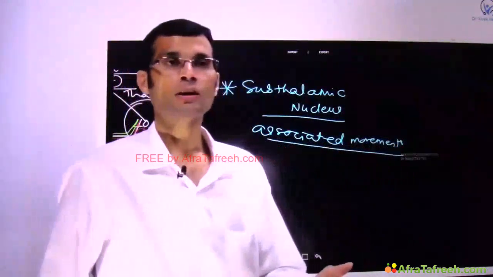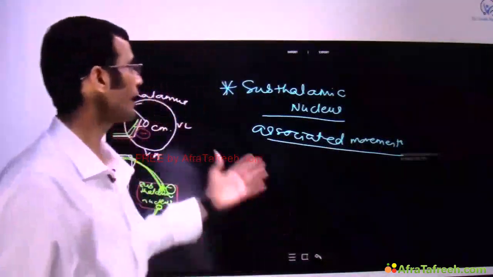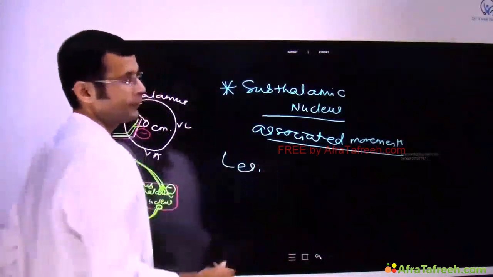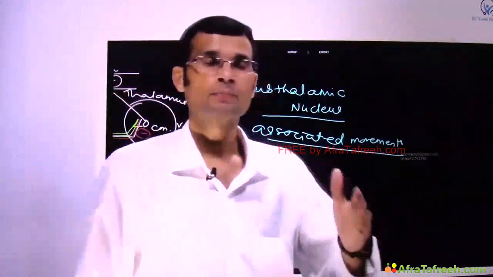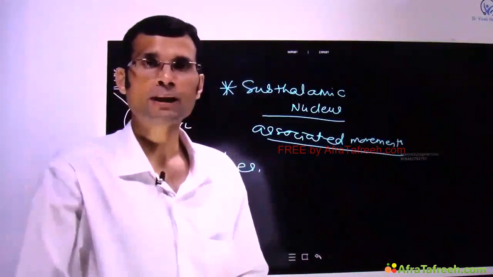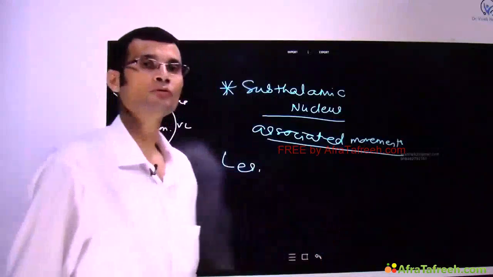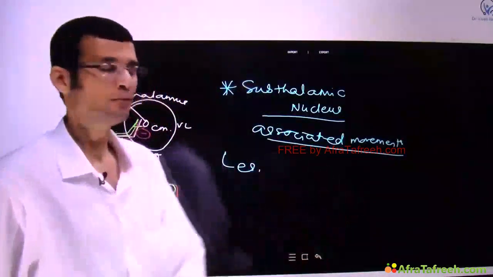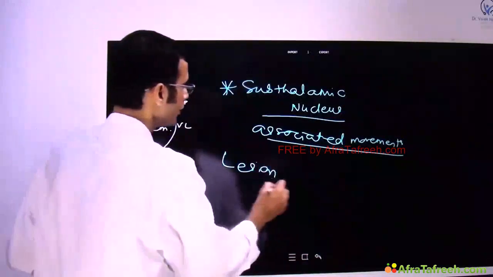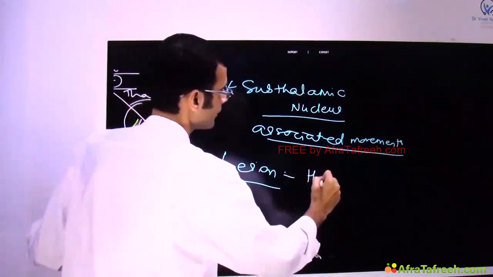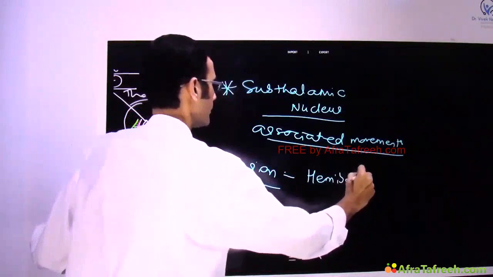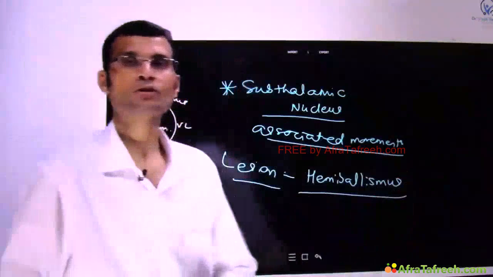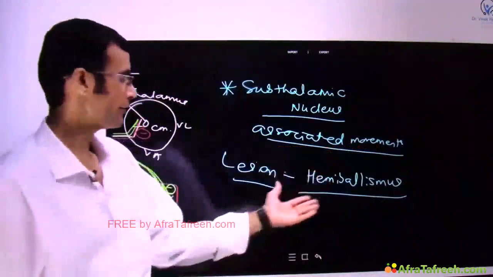The lesion of the subthalamic nucleus results in hemibalismus. You see, what are associated movements? Swinging of the arms while walking is an associated movement, and therefore lesion of the subthalamic nucleus results in hemibalismus. Hemibalismus is ballistic movements of one half of the body. That's hemibalismus.